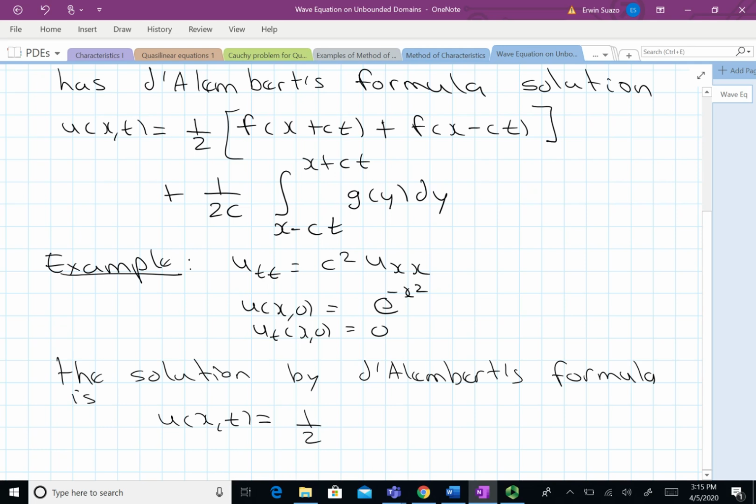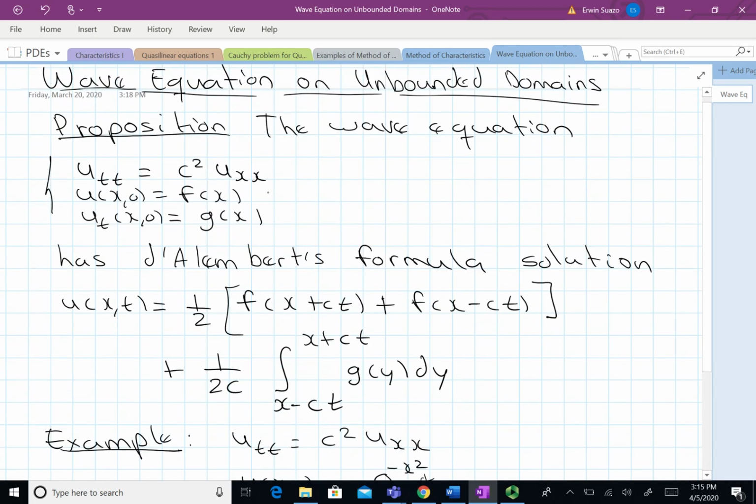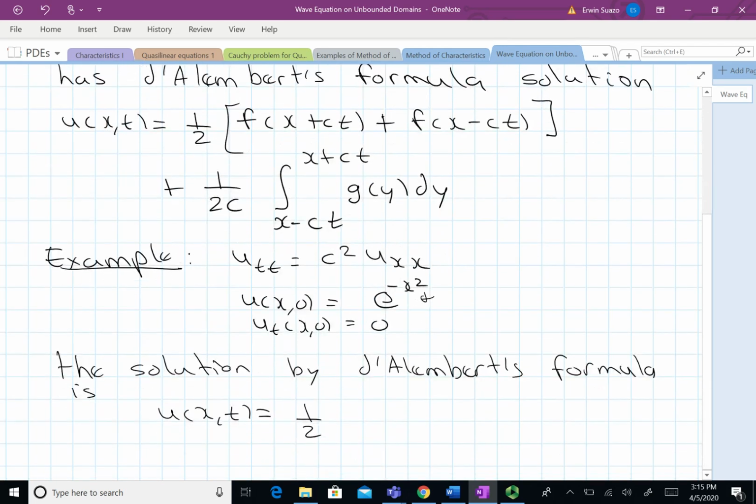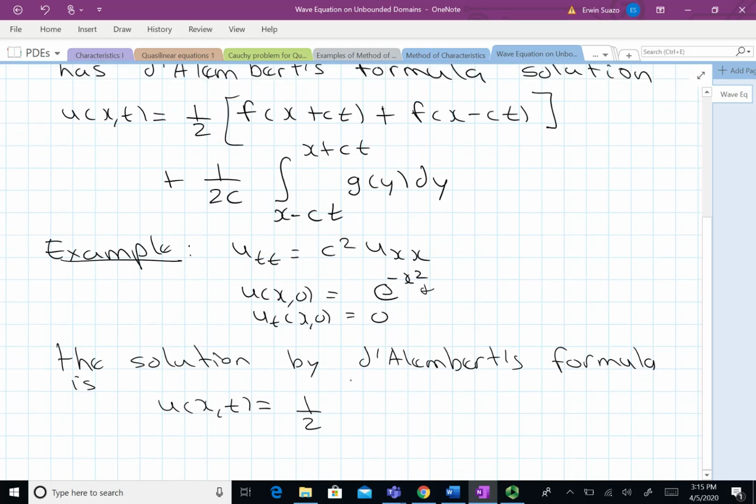So what is f? f is this guy. So it's 1/2 of e to the minus (x plus ct) squared plus e to the minus (x minus ct) squared.